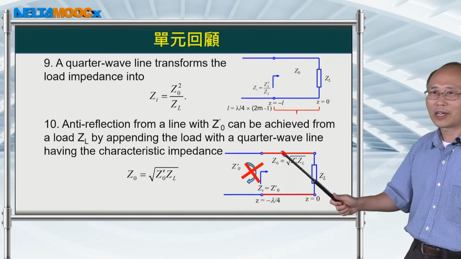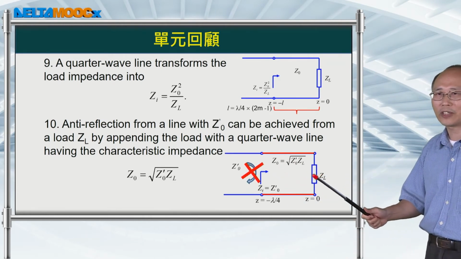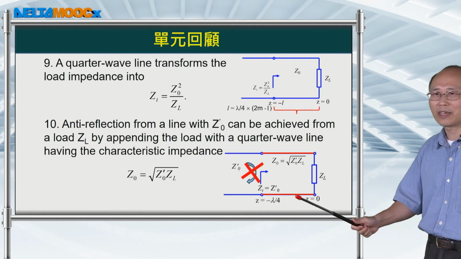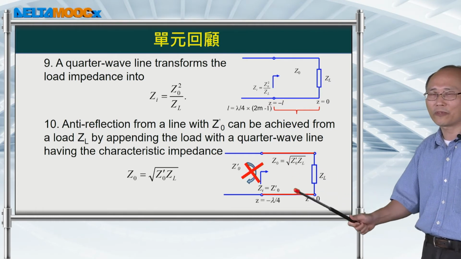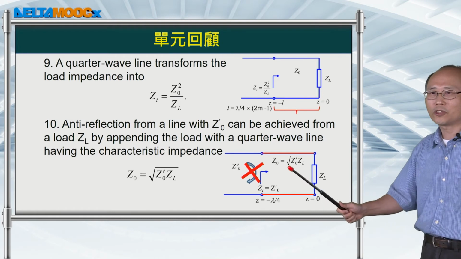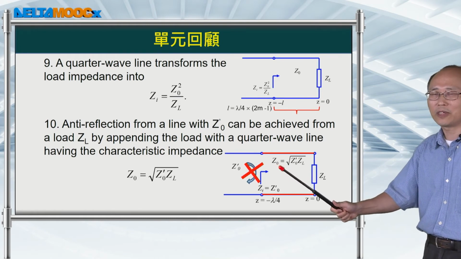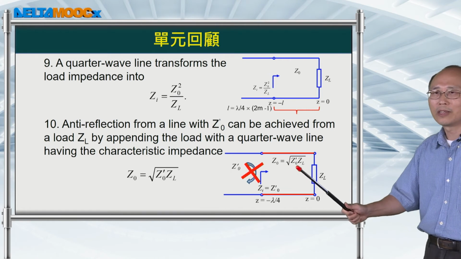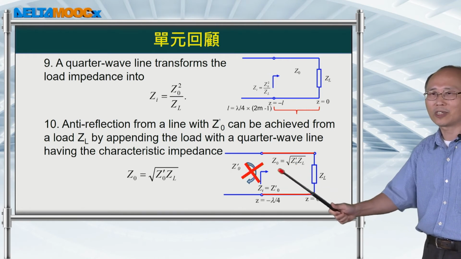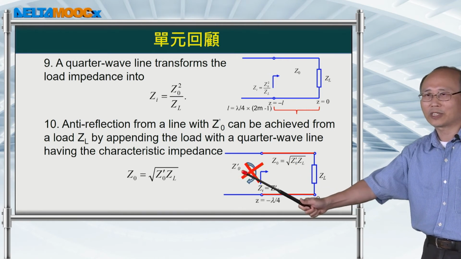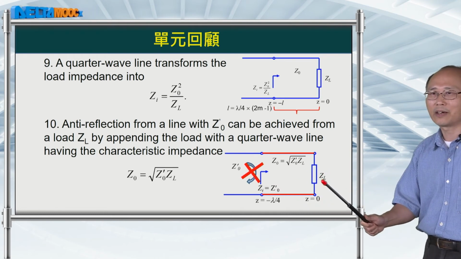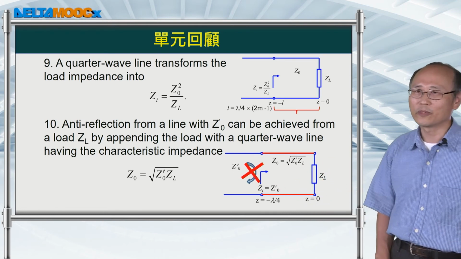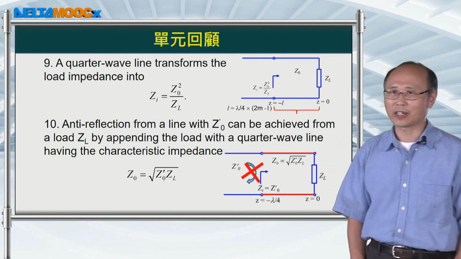If you have a transmission line with some reflection, you can append a quarter wavelength line, and choose the characteristic impedance of this quarter wavelength line to be equal to the square root of the multiplication of this characteristic impedance and this ZL. Then you can remove the reflection of the signal on this line.